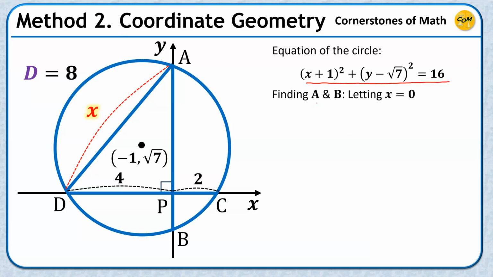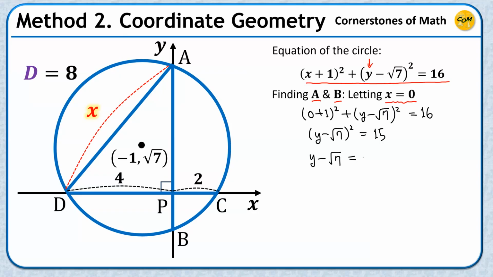And the coordinates of points A and B can be found by letting x equals 0 and finding the value of y, which gives 0 plus 1 squared plus y minus square root of 7 squared equals 16. So y minus square root of 7 squared equals 15. So y minus square root of 7 equals plus minus square root of 15.